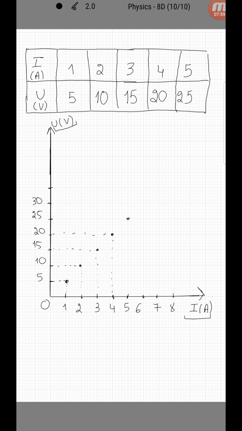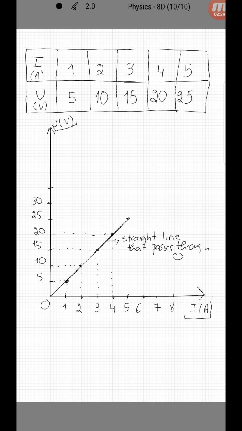Now, if I draw the points and join the points, I get a straight line that passes through O. If I have a straight line that passes through O, it means that this graph belongs to a resistor.